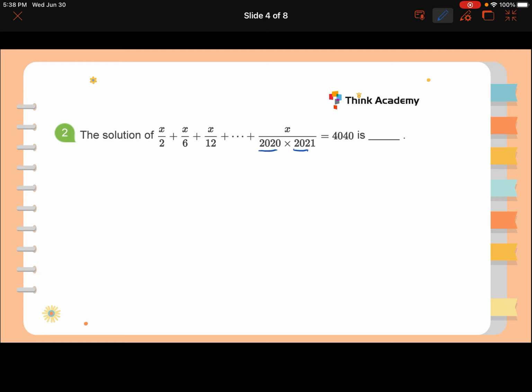Although it's not shown in the first few terms, 2 is actually 1 multiplied by 2, 6 is 2 multiplied by 3, and 12 is 3 multiplied by 4. So we still see the pattern that the numbers are consecutive and the difference between the numbers is the same across all the terms. So the first term can be rewritten as x multiplied by 1 over 1 minus 1 over 2.